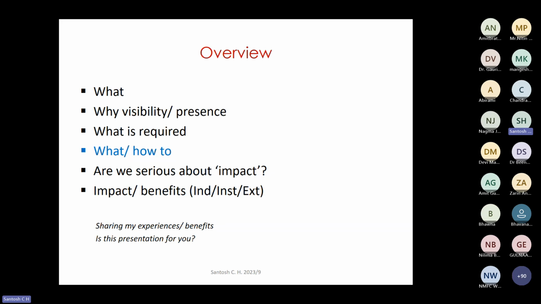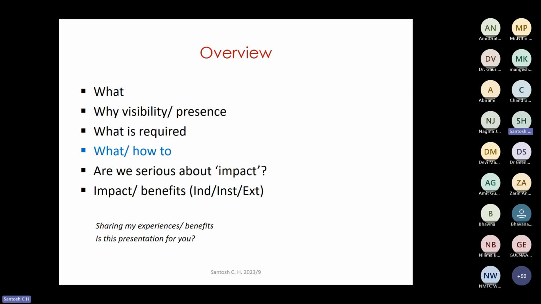So in this presentation, we are going to see what this visibility is and why we should be so worried about it. Why are we more concerned about our visibility, our research publications' visibility, and also our institutions' visibility? We'll be seeing that here, and why this is very important nowadays. And to have a very positive visibility online, what should we do?